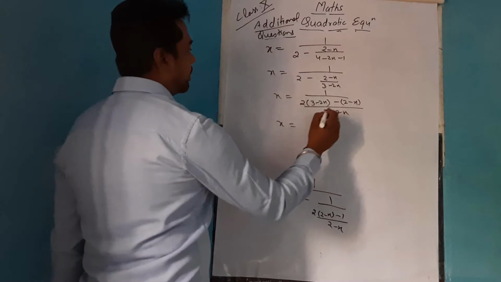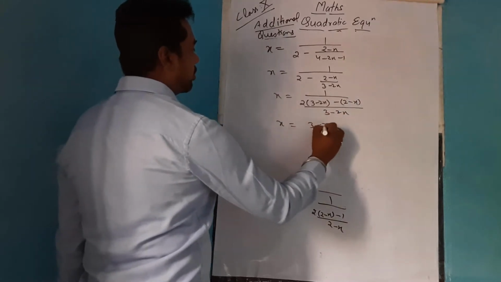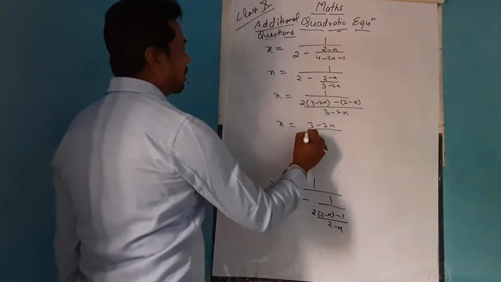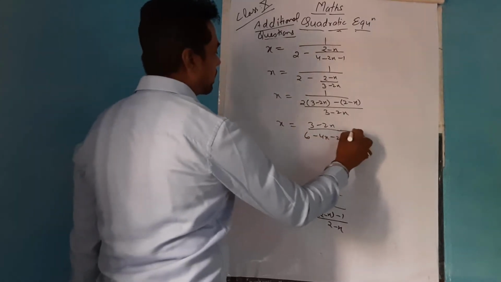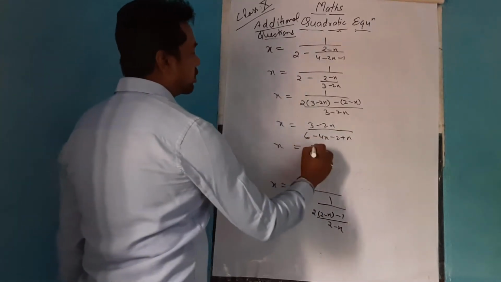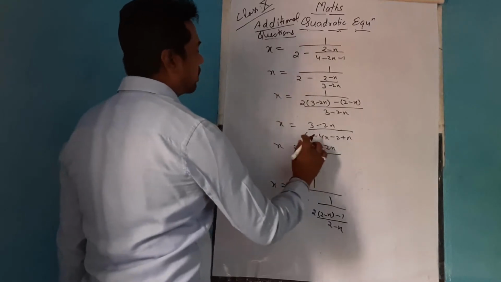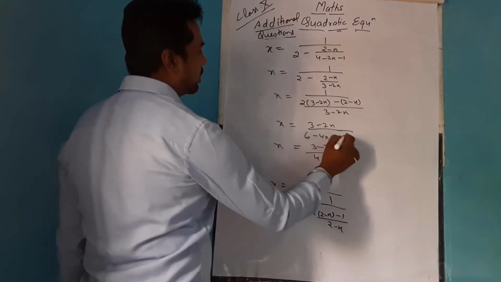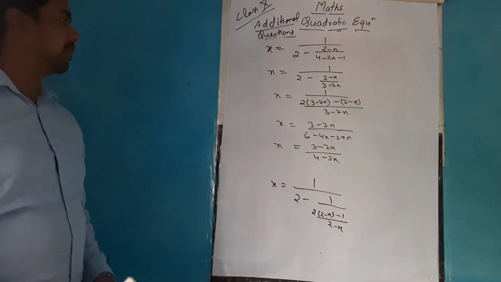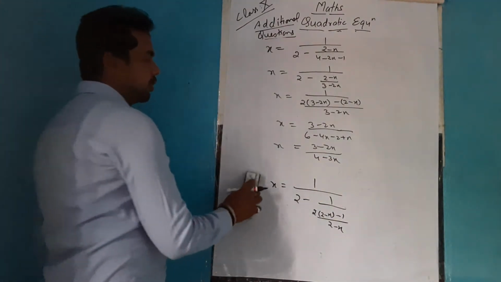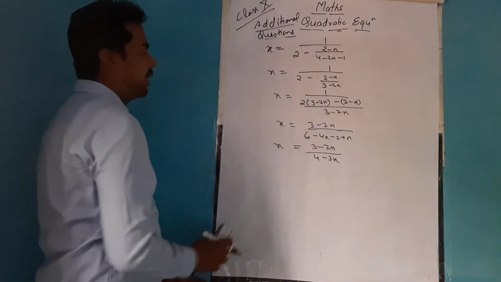So the value of x becomes, now this goes to the numerator, (3 minus 2x) upon, and we'll open the bracket, 2 times 3 is 6, minus 4x minus 2 plus x. So x equals (3 minus 2x) upon 6 minus 2, 4, minus 4x plus x, minus 3x. So that has become (3 minus 2x) upon (4 minus 3x).